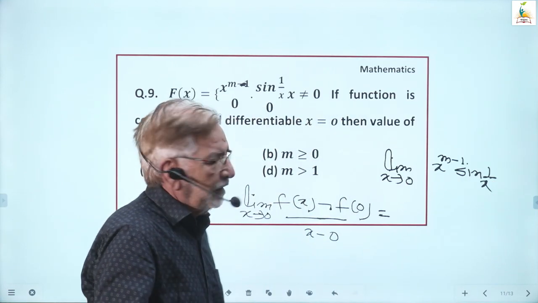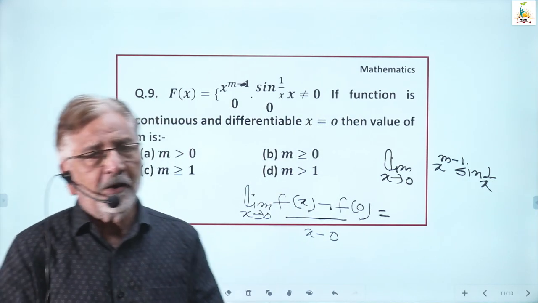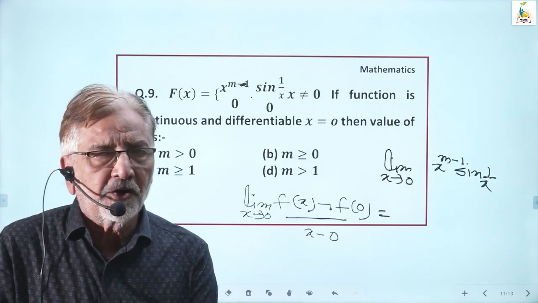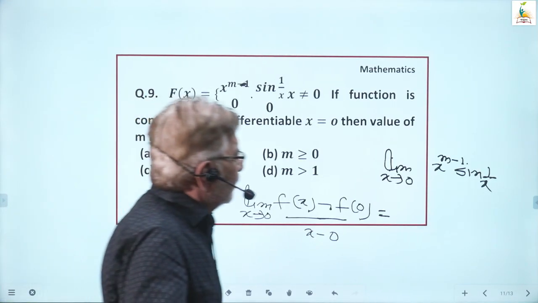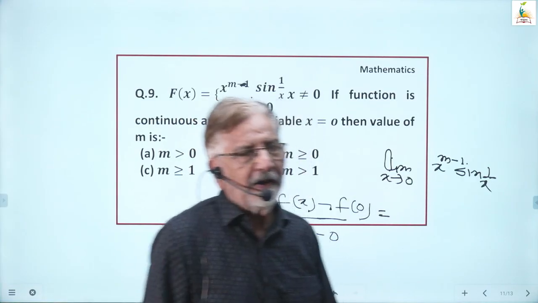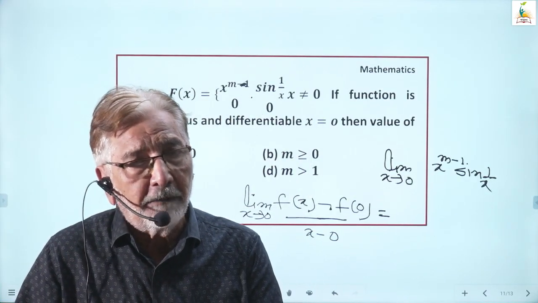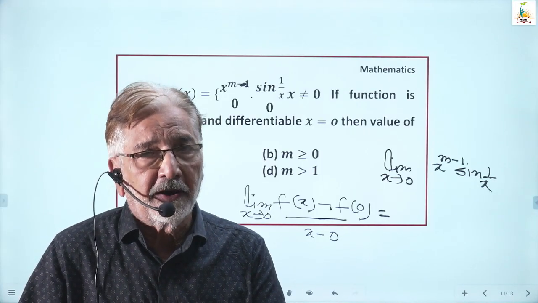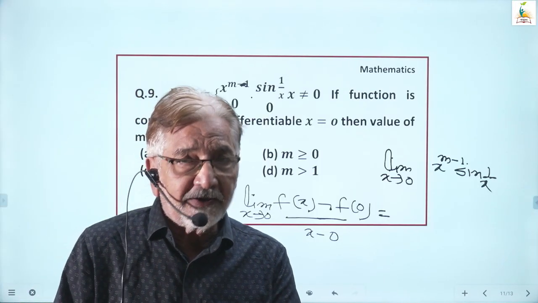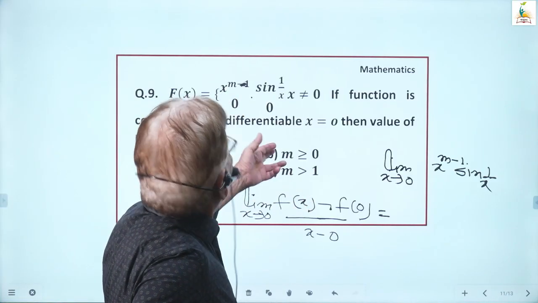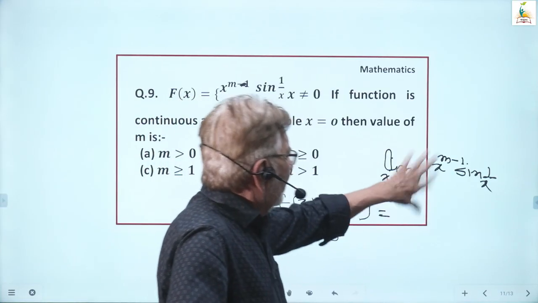Now we know that the limit of sine of 1 upon x does not exist. So one thing is sure that m minus 1 cannot be 0, because in that condition it will be just sine 1 upon x. So for it to be differentiable at x equal to 0, the limit should exist.